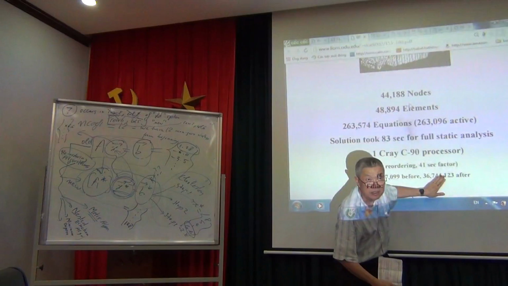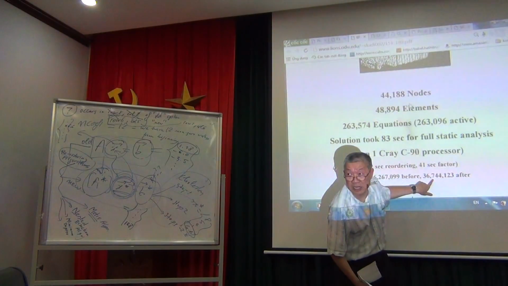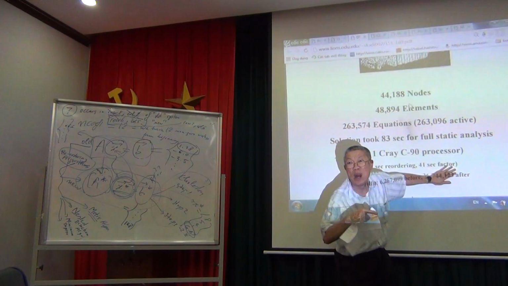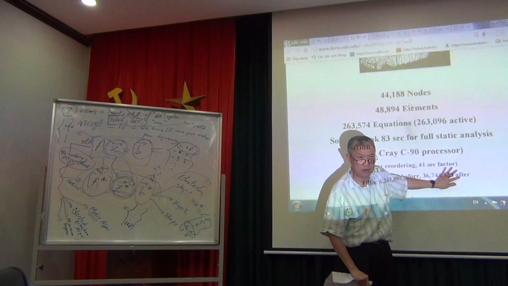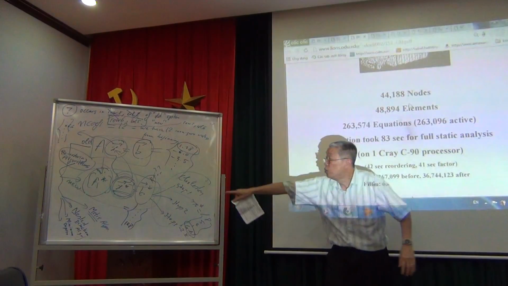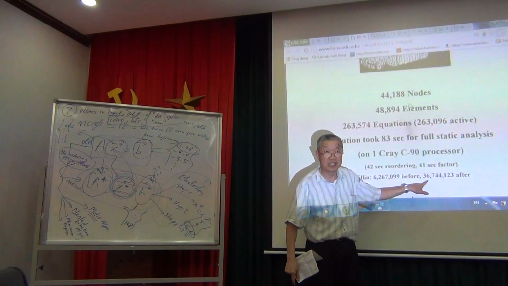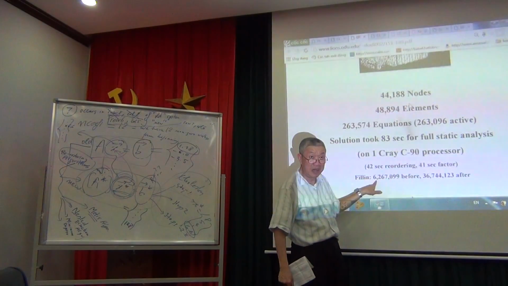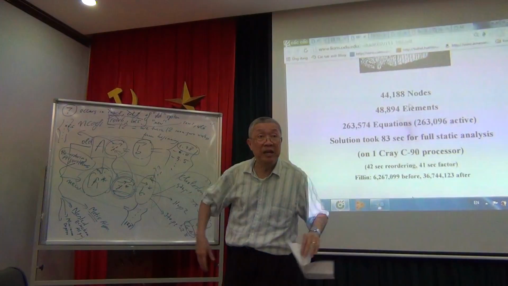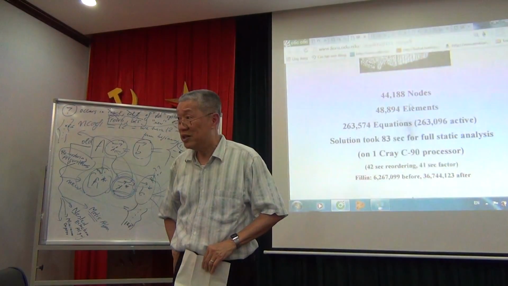This number becomes maybe more than 100 million, a lot more. And because you use the reordering, that's why this number becomes 36 million. It's still a lot bigger, right? But it is better than 100 million. Do you understand what I'm saying?